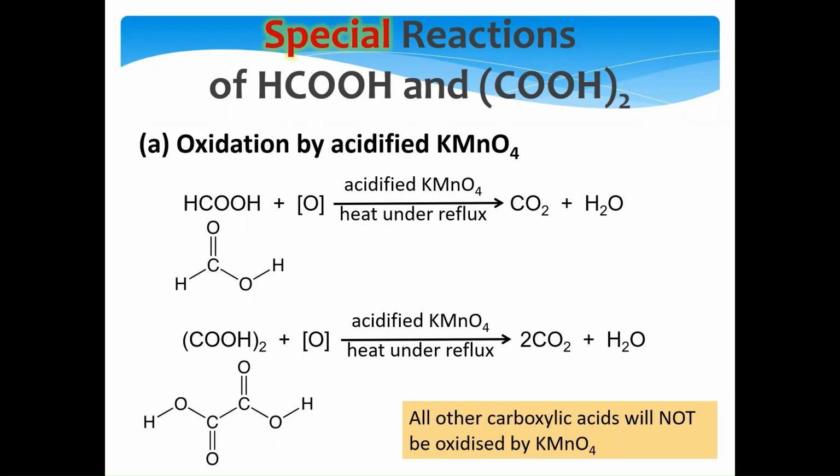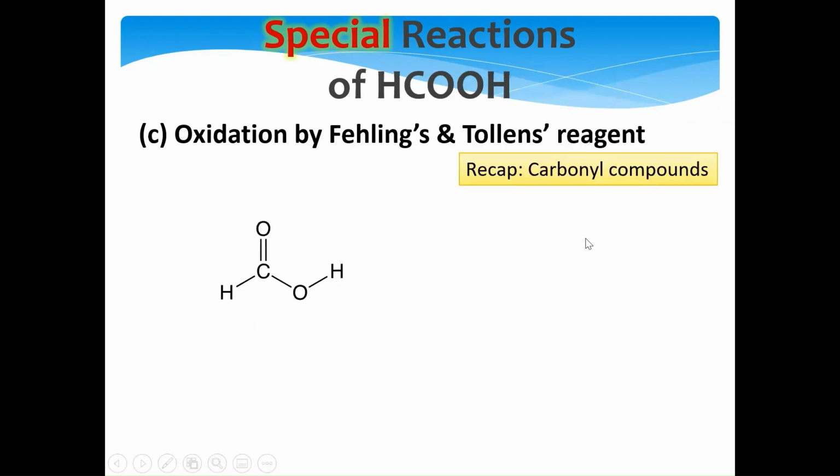These are special reactions that you will need to know by heart as well. The other special reaction that involves methanoic acid is the oxidation by Fehling's reagent and Tollens' reagent. We talked about Fehling's and Tollens' reagent in the previous chapter, carbonyl compounds.